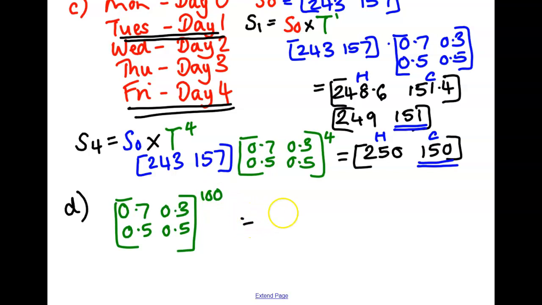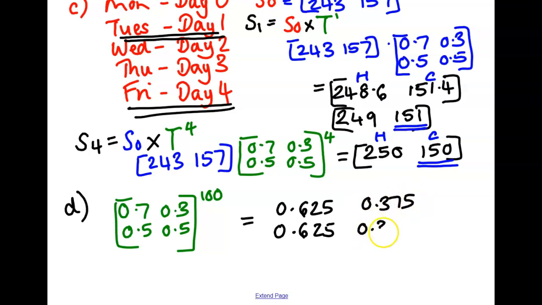What this gives me is 0.625, 0.625, and 0.375, and 0.375. Here we need to try and get it identical to 4 decimal places in my columns, but actually I've only got 3, so I can't actually do anything about that. That means the numbers are already identical.